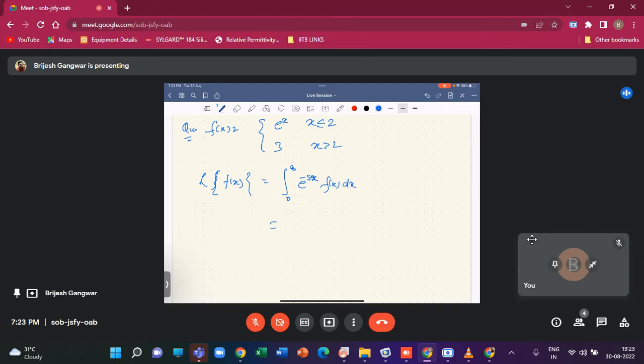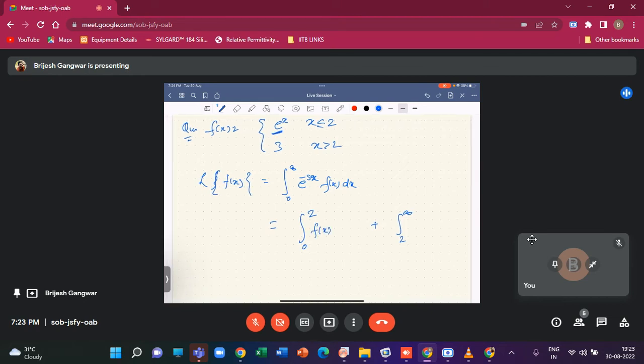Now our function is in two steps, when x is less than 2 and when x is greater than 2. So we will break this limit into two, from 0 to 2 plus 2 to infinity.